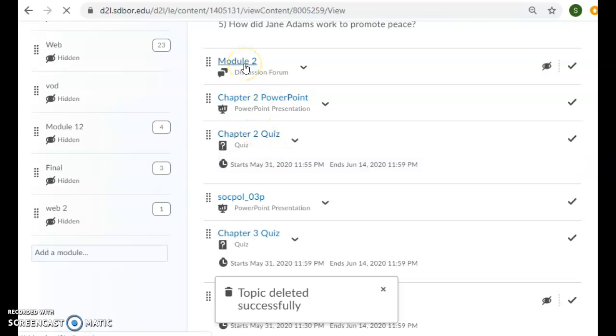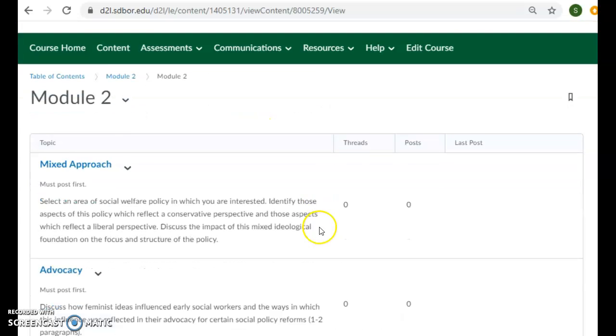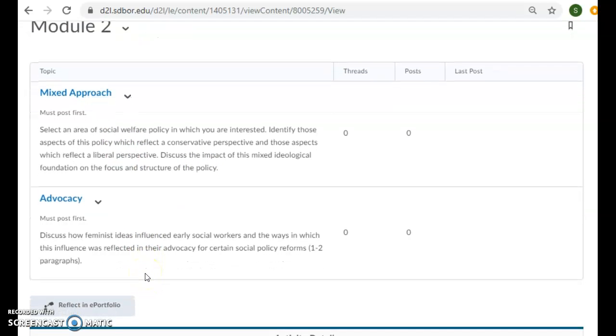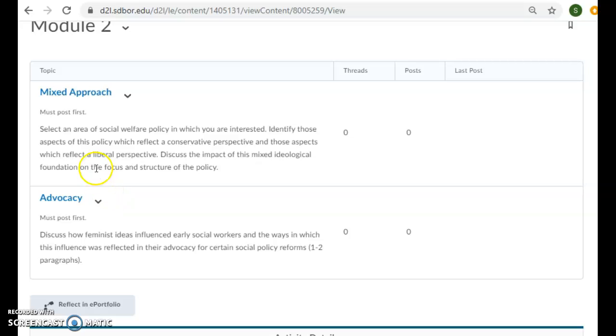Module 2 discussion forum, and you're going to have these two threads. The first one is mixed approach, and so in this chapter, chapter 2, which we're going over this week, we're going to be looking at political ideology. That's a real trap for some of us. People identify as being a liberal or a conservative, and they think they have to work down those lines.